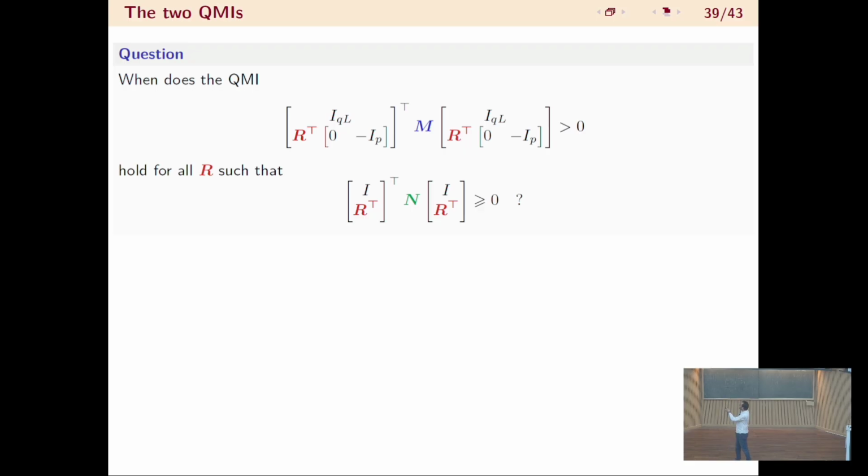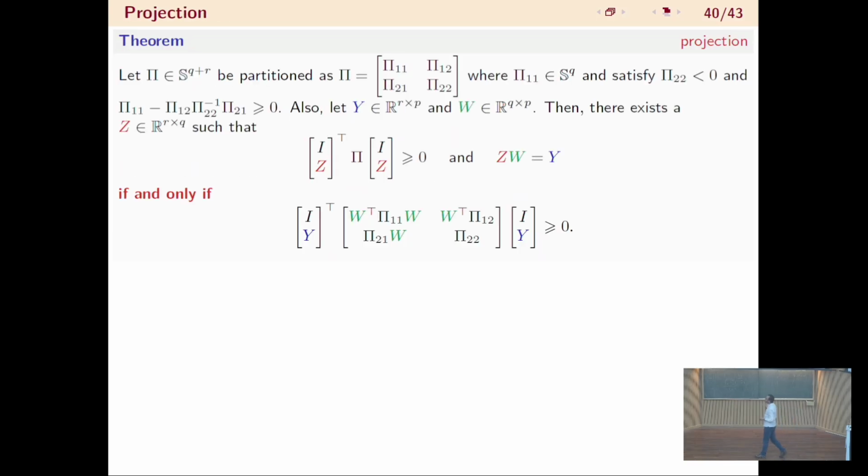It is like Z times W. So I can convert this QMI to a QMI where only R appears. Or, sorry, the other way around. I can convert this one to an LMI where this appears.